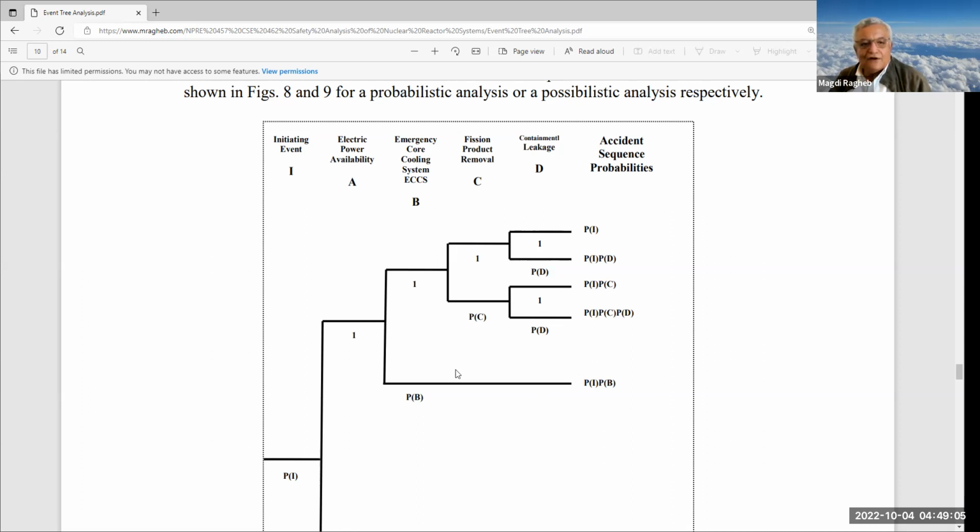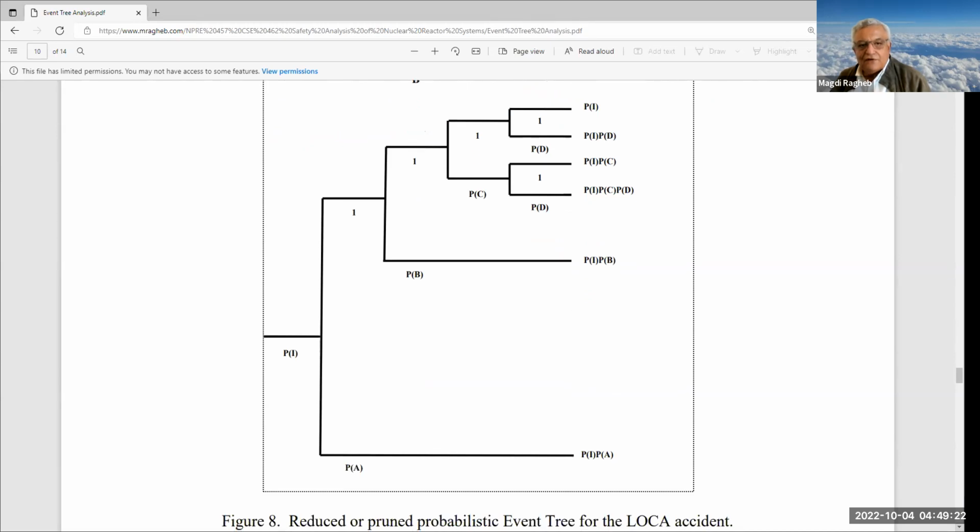So in that case, you prune the tree, keeping only the top part of the tree where you can have the fission product removal and the containment leakage under your control. So your 16 branches of the tree now are reduced to 2, 4, 5, 6, and this is what we call a pruned tree, a pruned event tree.